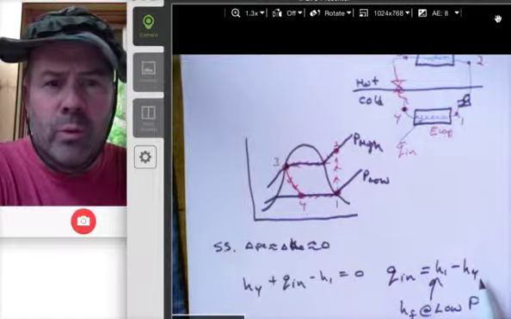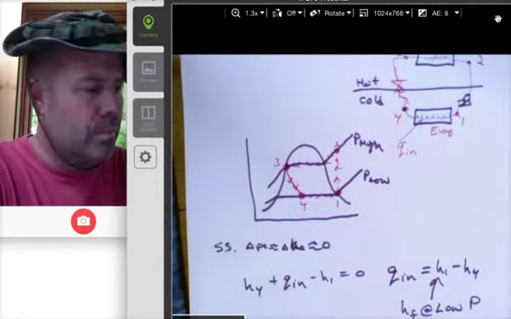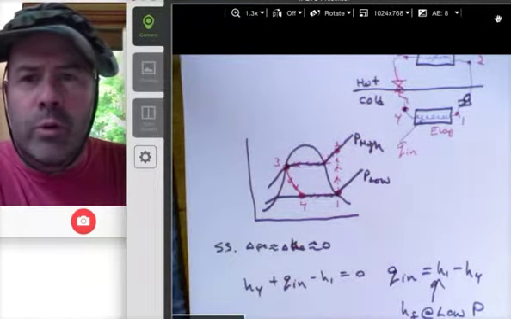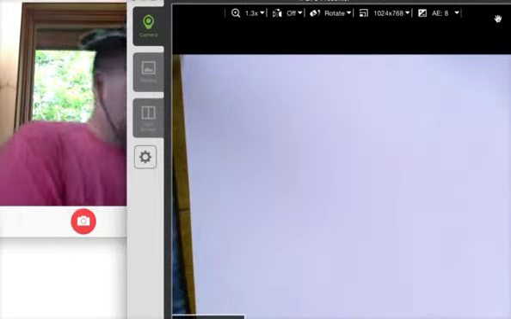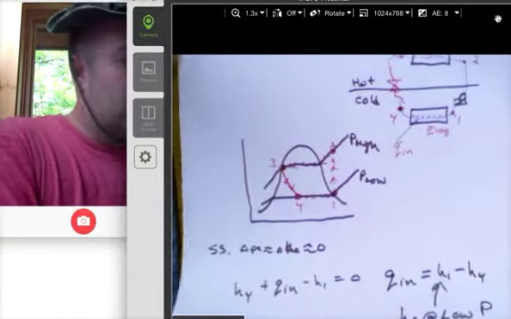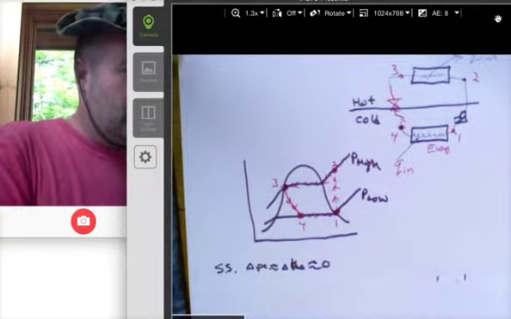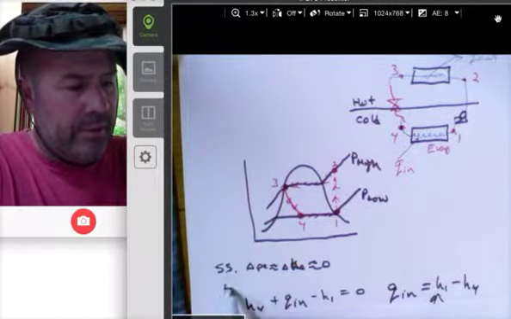We'll have to wait until we come back around to get H4. That's okay. We'll leave it there for a little bit. We'll go around the horn from 1 to 2 to 3. Actually, we're going to leave our pictures there and just go now. That was, by the way, the evaporator.